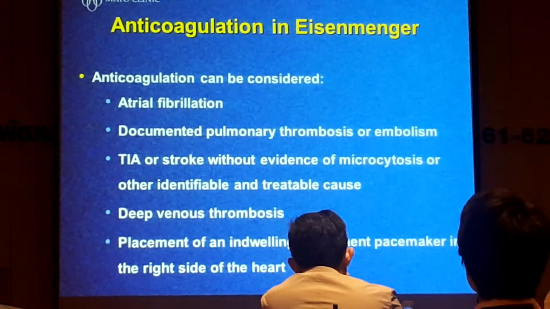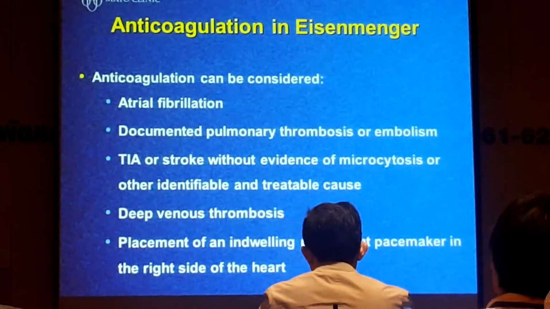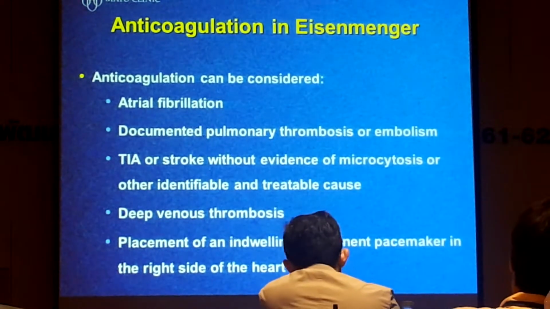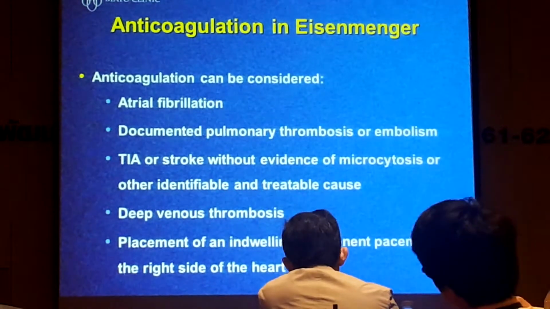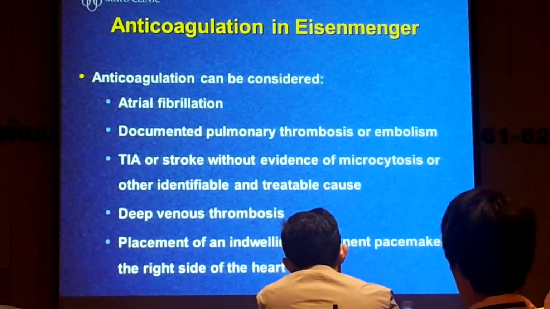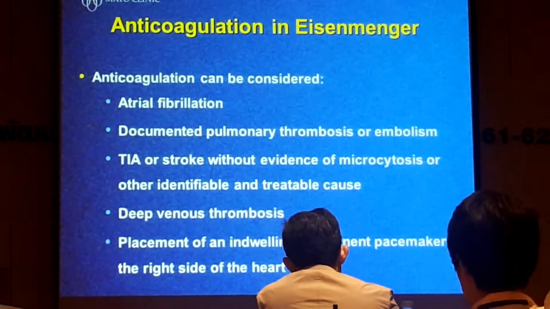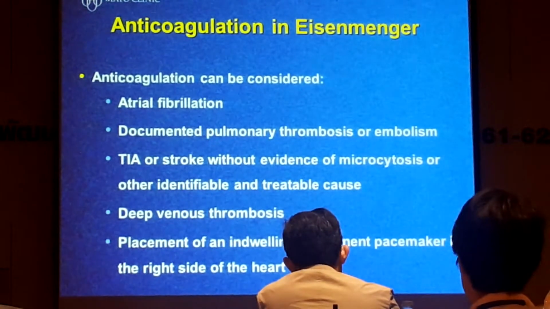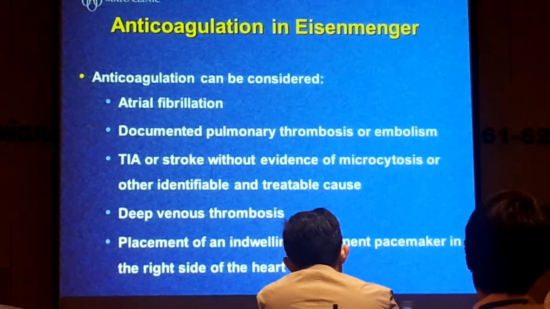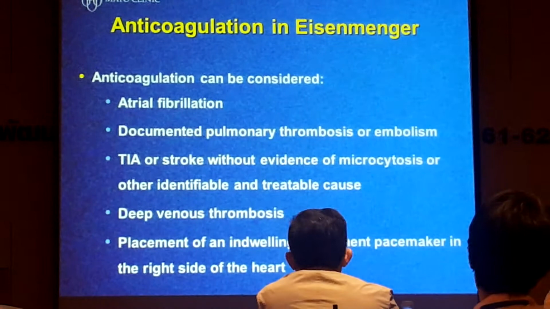When you consider anticoagulation in Eisenmenger syndrome, these are the categories: if you have atrial fibrillation, you really need to anticoagulate. And we use warfarin all the time. If you have documented in-situ pulmonary thrombosis or PE, that can happen in around 20%, yes, you anticoagulate. If you have a stroke without any evidence of microcytosis or any identifiable cause, you treat with anticoagulation.